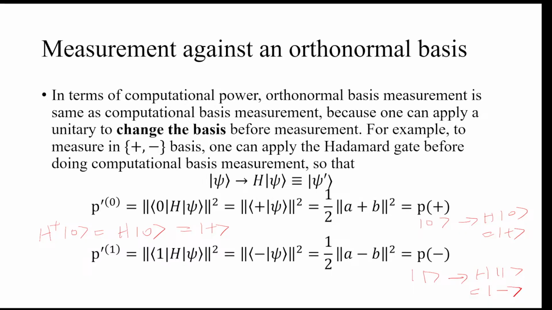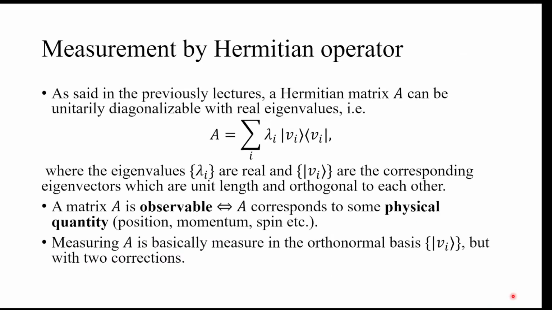Okay, I guess we don't have time to finish all the measurements, so I will skip to the next one, and maybe stop early. The next one is measurement by a Hermitian operator, and here we use the fact that any Hermitian matrix is unitarily diagonalizable.